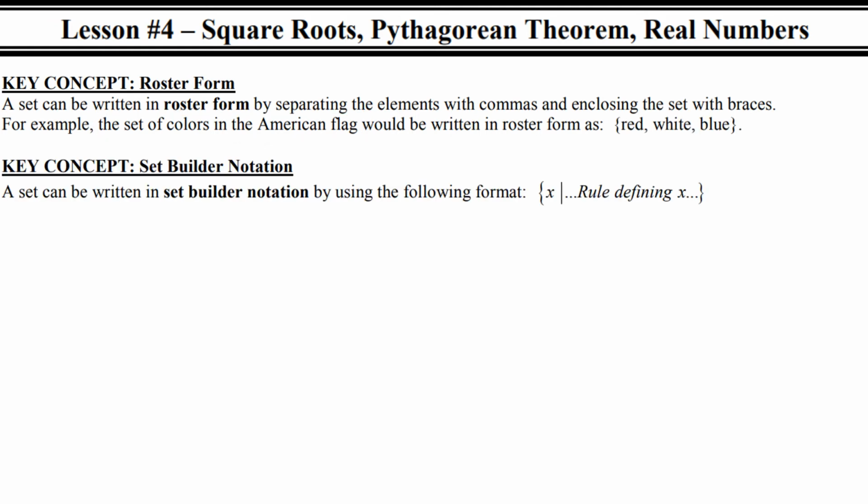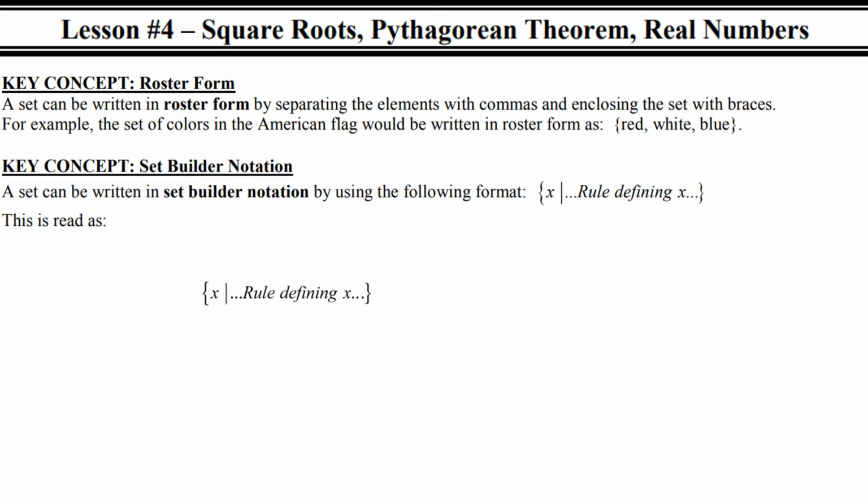There's also something called set builder notation, which is sometimes necessary. A set can be written in set builder notation by using the following format. We open a set brace, we state a variable, the vertical line is a symbol that means "such that," and then we put a rule that defines whether something is in the set or not in the set.